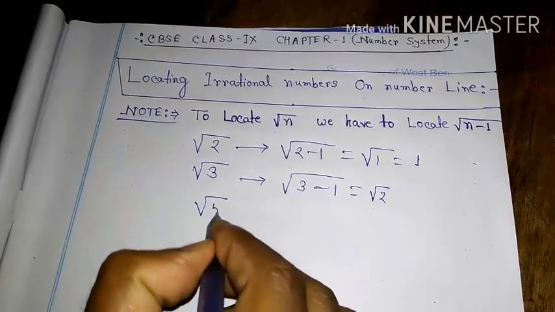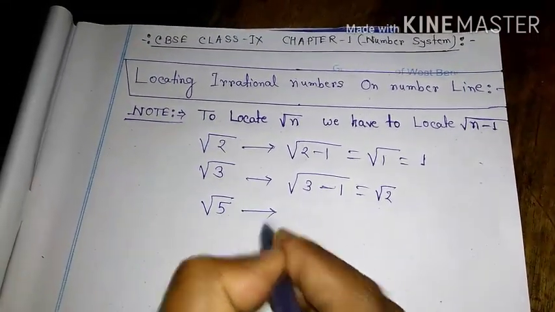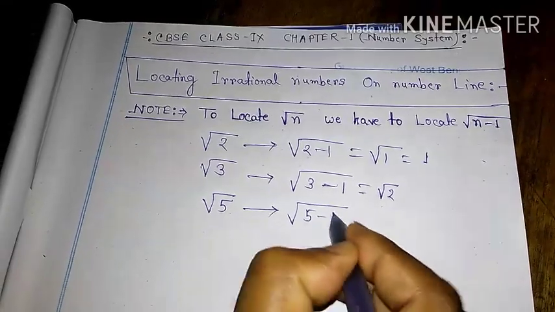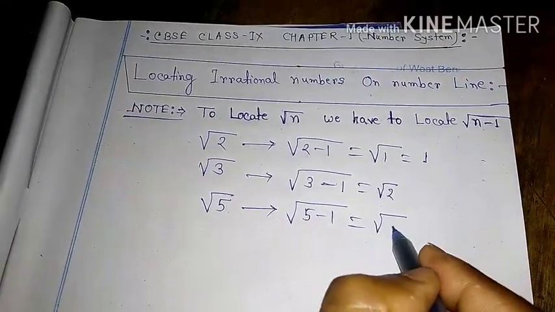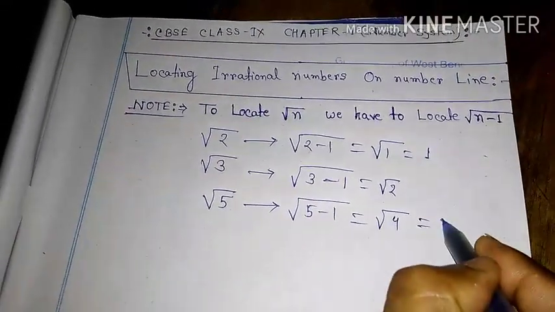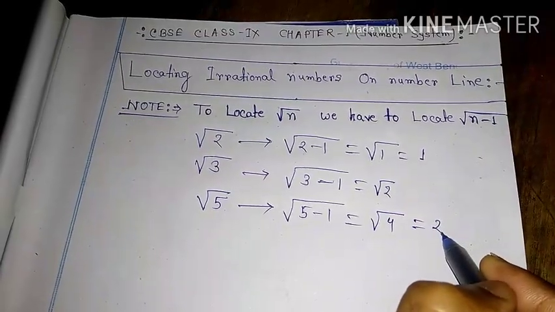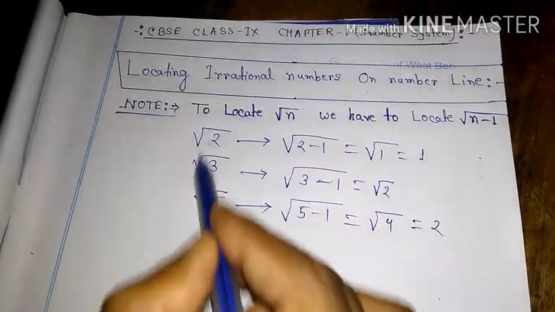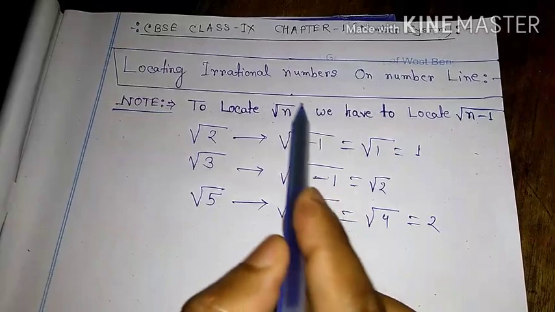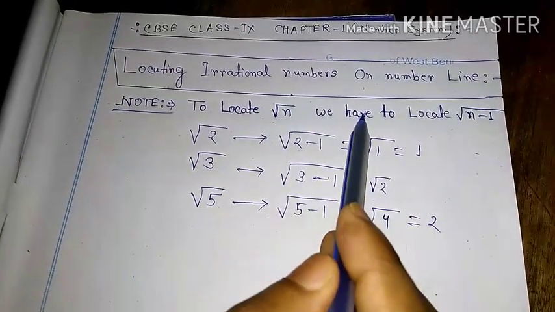Same for root 5: 5 minus 1 is root 4, which is equal to 2. So this is the note to locate any irrational number on the number line.